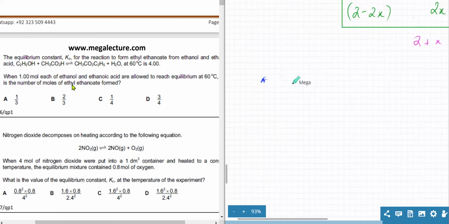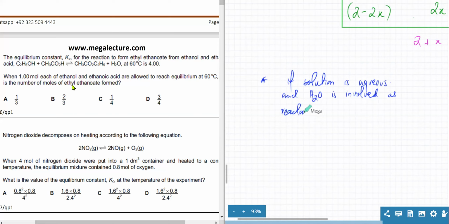One is that if a solution is aqueous, and water is involved as a reactant or a product, you're not going to write water in the expression.